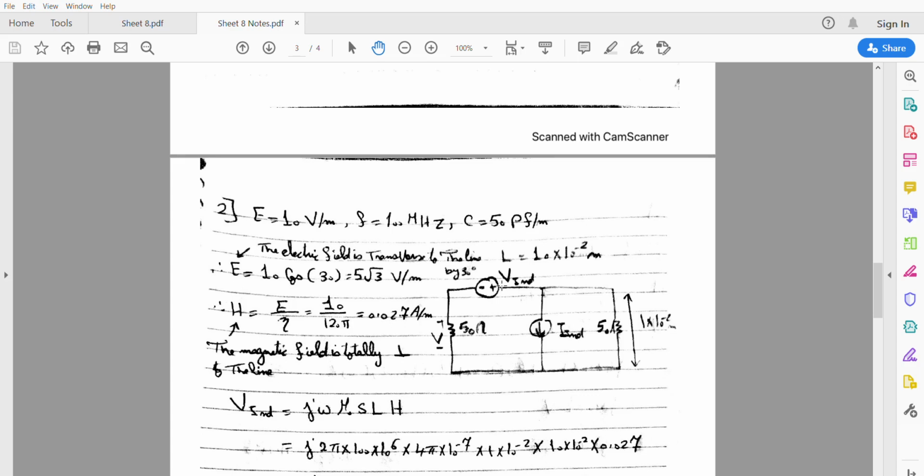So when the electric field is upward, all you have to do is put the negative sign on the left and the positive sign on the right, and always the magnetic field will be, and the electric field will be downward, which represents the current source. So now we need to get the value of V induced and I induced. So first, V induced is equal to j omega mu SLH.